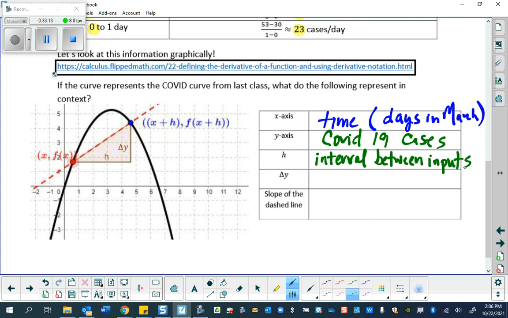And what does that delta y represent? Not yet. Here it is here. What does it represent?